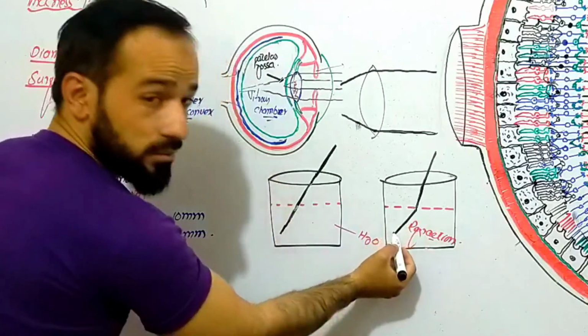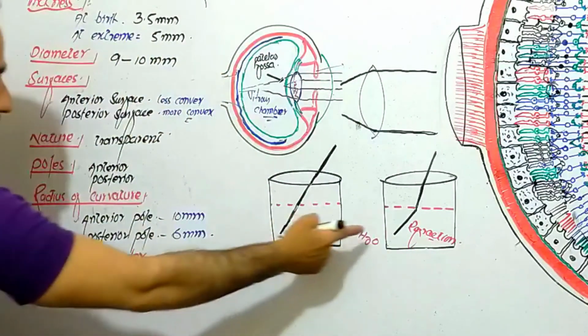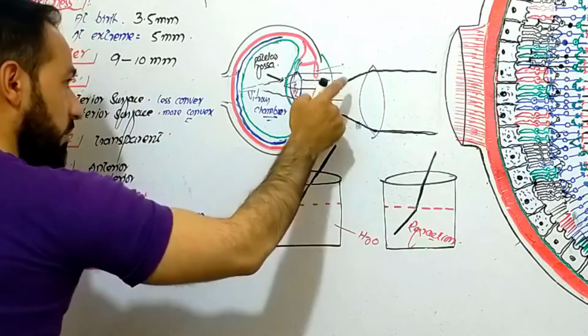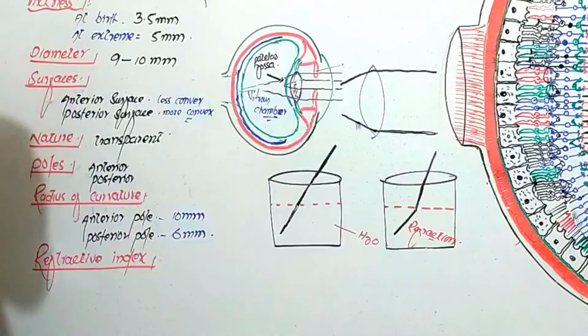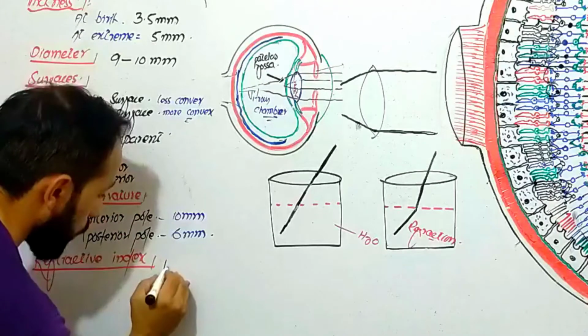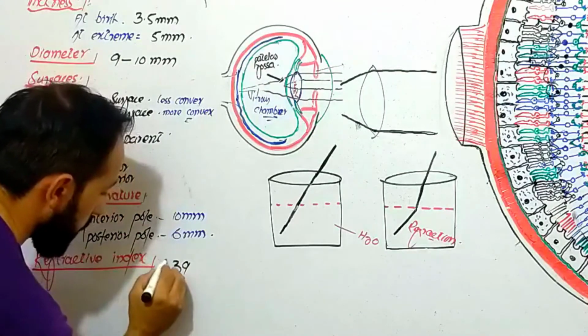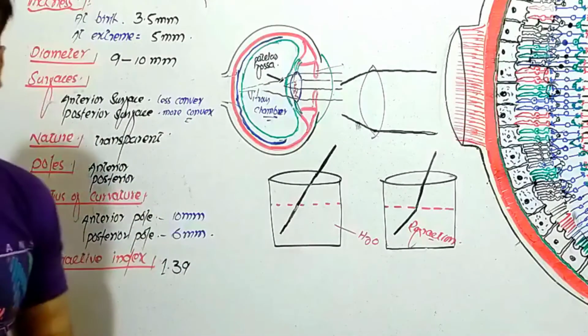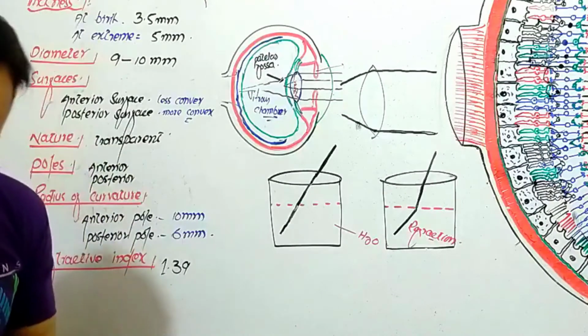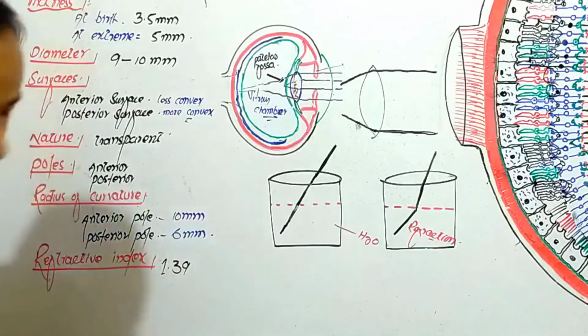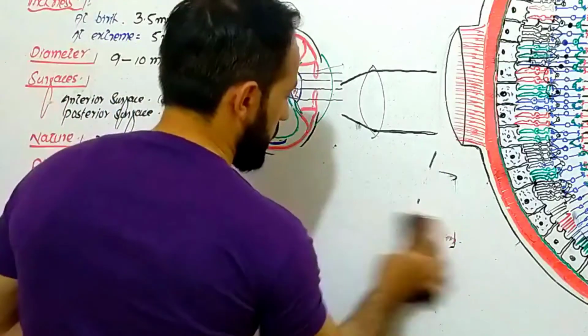The same situation is here. So this is called refraction. And what is the refractive index of your eye lens? It is about 1.39. This is the refractive index of our eye. Next point: what is the power of the lens?